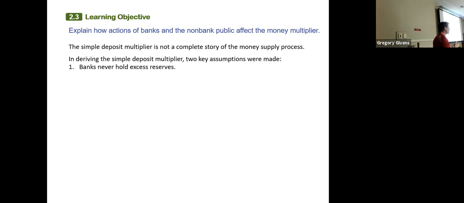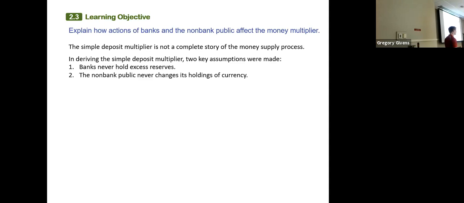Banks don't always do that. In particular, we live in a day and age now where commercial banks are holding enormous quantities of excess reserves, and that can impact this money multiplier process. We also assumed that every member of the non-bank public never changes his or her currency holdings.